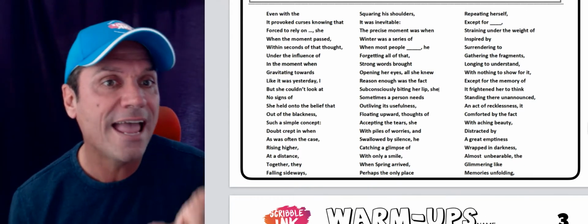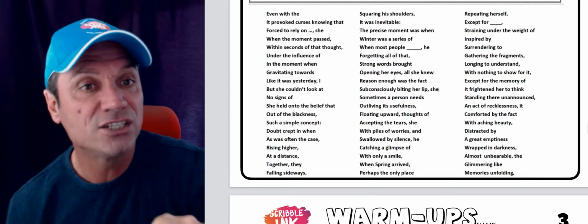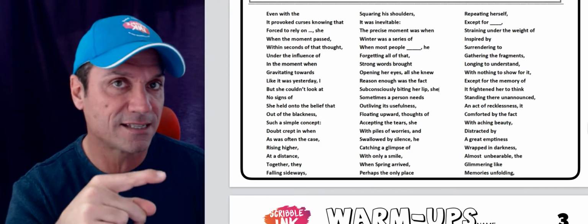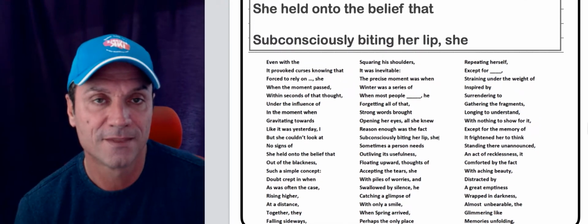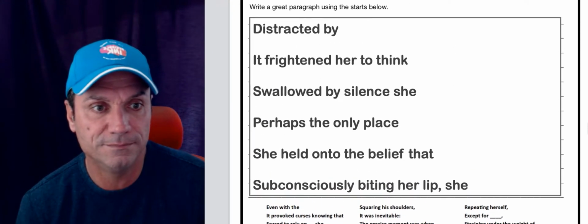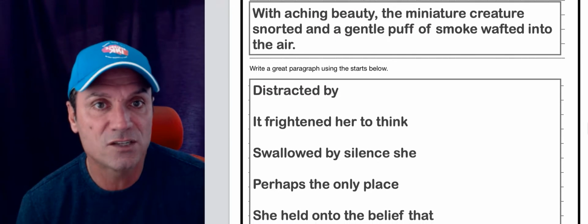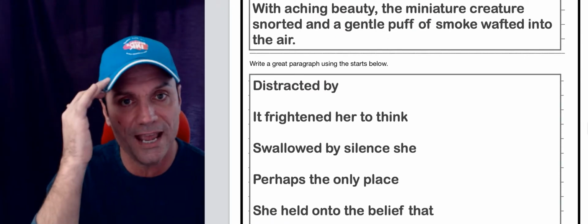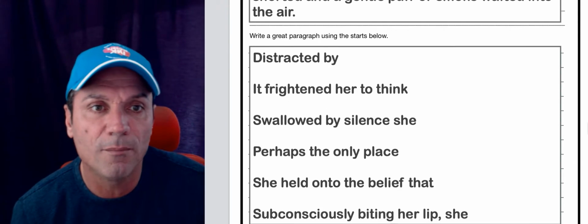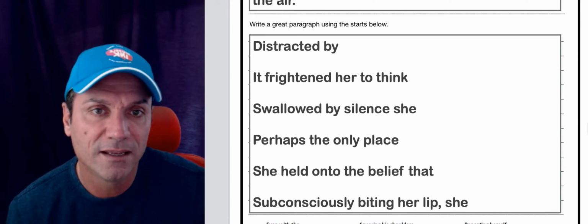Now, I have picked a bunch of these sentence starts for you to use about that little dragon. Let's have a look at them. So the first sentence, with aching beauty, the miniature creature snorted and a gentle puff of smoke wafted into the air. Then you can choose from distracted by the smoke, she, blah, blah, blah.